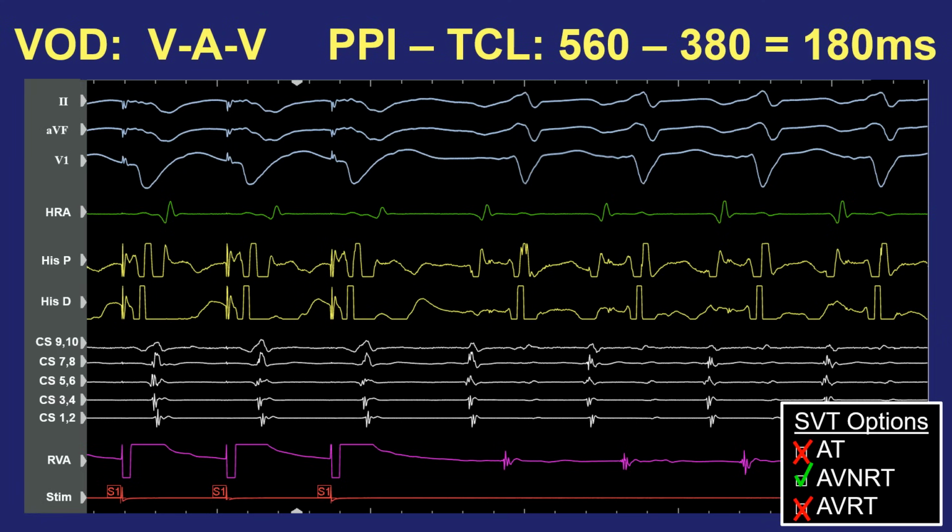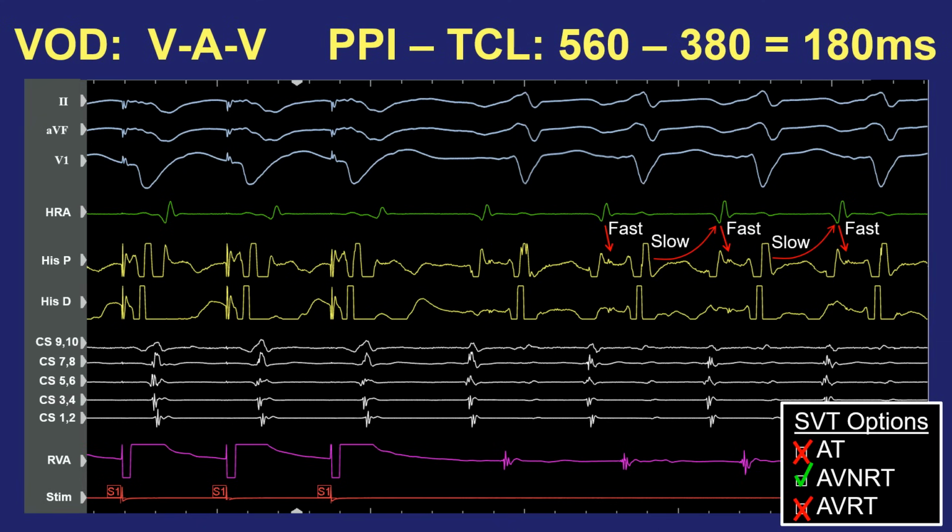I just wanted to highlight one more time the terminology and the sequence of what happens in this form of AVNRT. Notice again that the forward direction of AVNRT is going down the fast component of the AV node, giving you a short PR interval, and the retrograde is going up the slow, giving you a long VA interval.